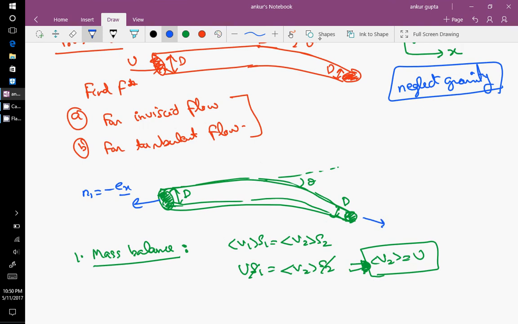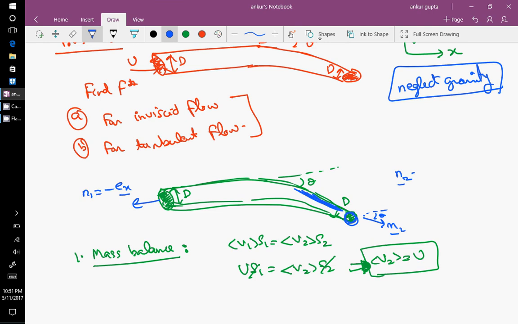But n2 vector, think of it like this: the tangent to this pipe is this part, the normal to the surface is basically this part, and it makes an angle theta with the horizontal. This will go outwards from the control volume.